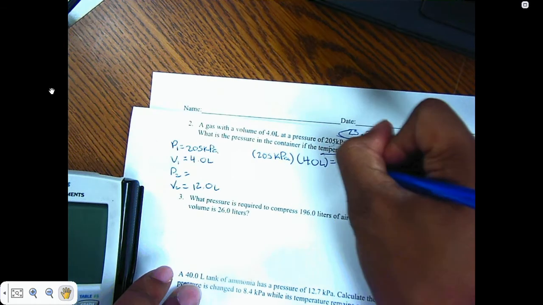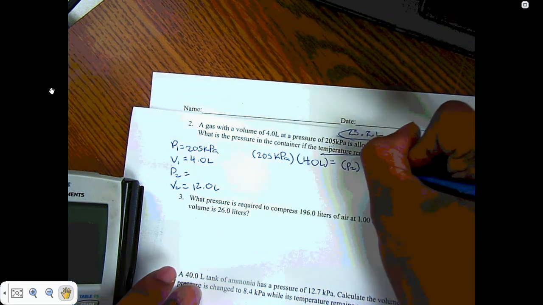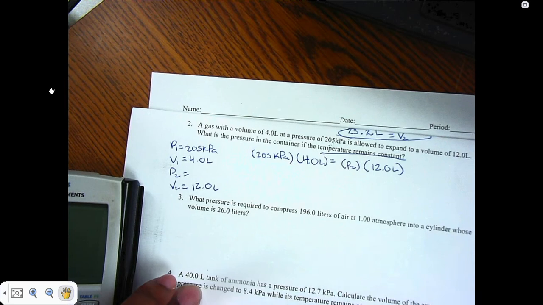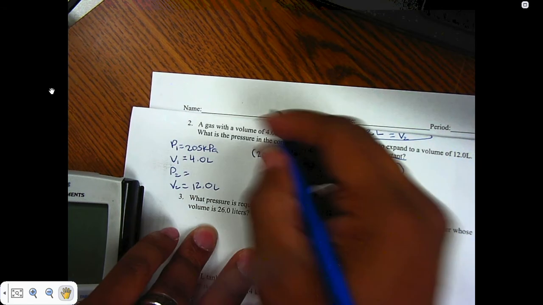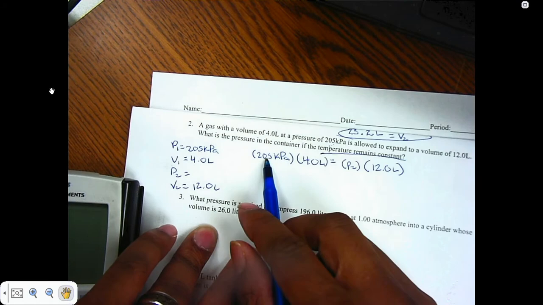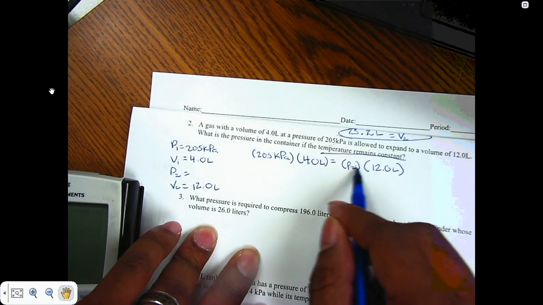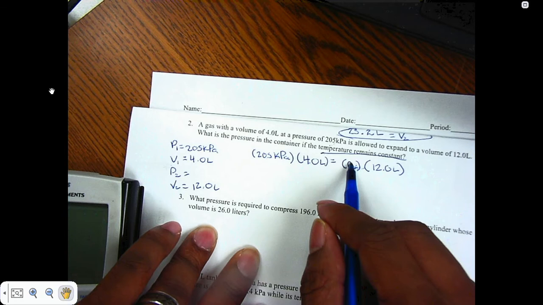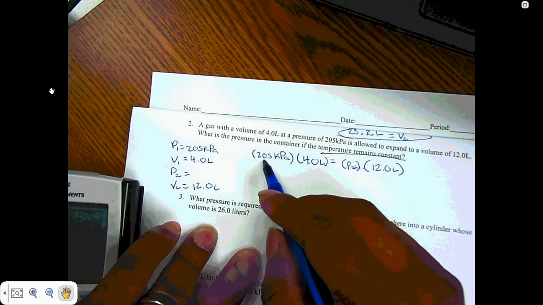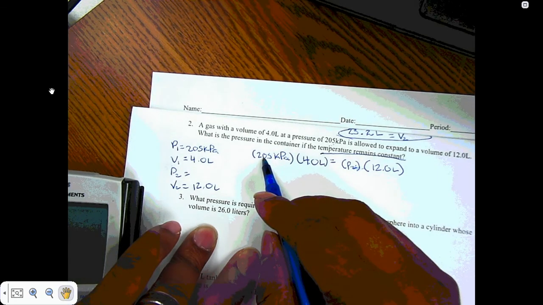Our P2 remains unknown at the moment, and our V2 is 12 liters. So then we're going to go ahead and solve. We can actually keep this in kPa because the answer we're going to get is going to be in kPa. If we wanted to, we could actually convert this to ATMs.